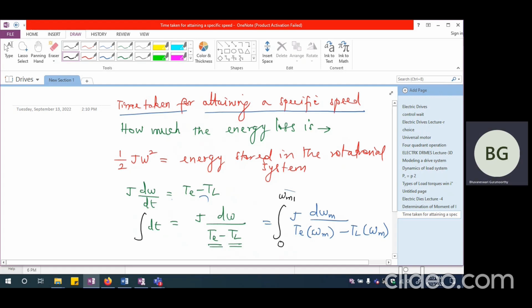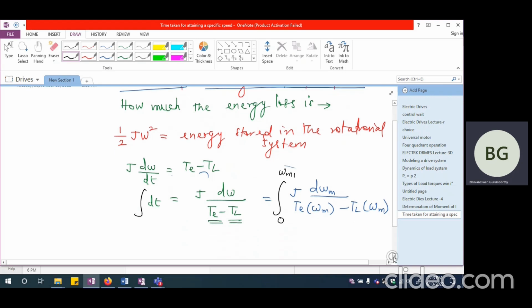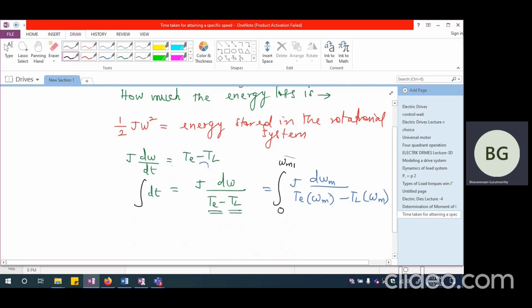But even if it is a first order term, even if the load torque is proportional to speed, or the electromagnetic torque developed by the motor is proportional to speed, if I try to integrate this, I will see that to reach a particular value omega m1, it is going to take infinitely longer time, because it will have an exponential term e power minus t by tau, where tau will involve this omega and J and so on.